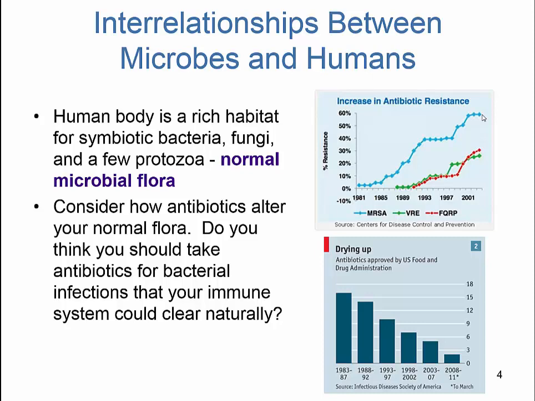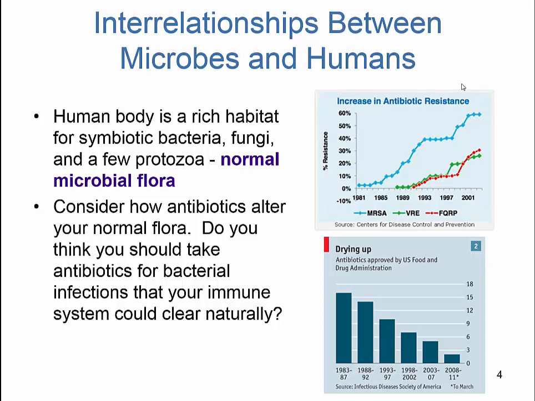And so if you think about whether or not we should go and ask for antibiotics for bacterial infections that our immune system could readily cover, my advice is actually no. I think we definitely need to change our tactic, and we need to work on reducing antibiotic resistance, because antibiotic resistance is emerging when we have microbes that can replicate very, very quickly.